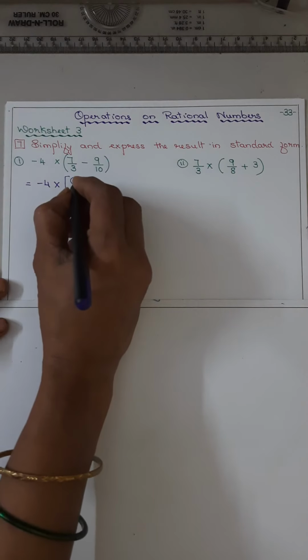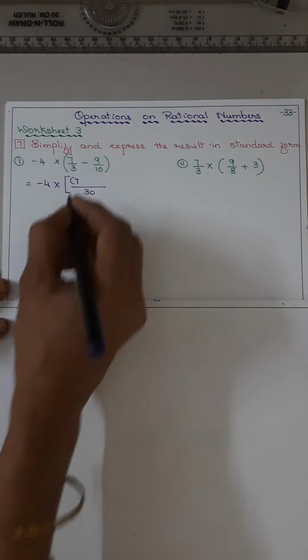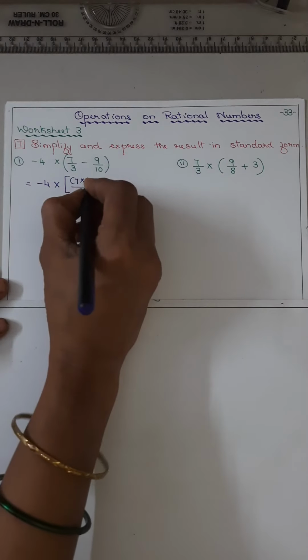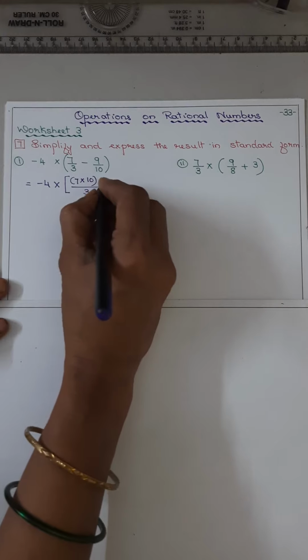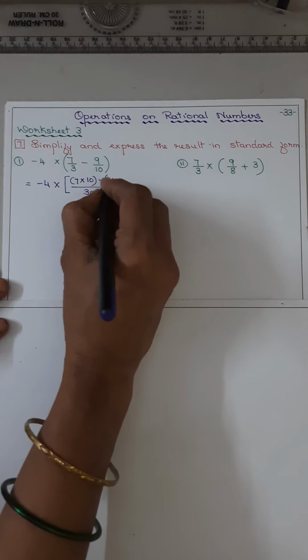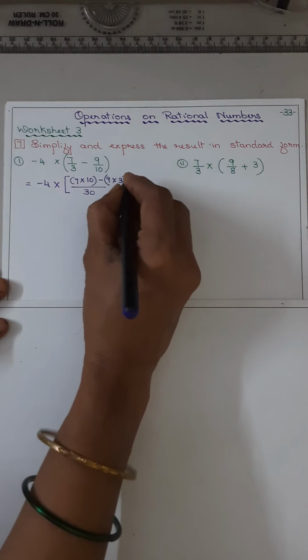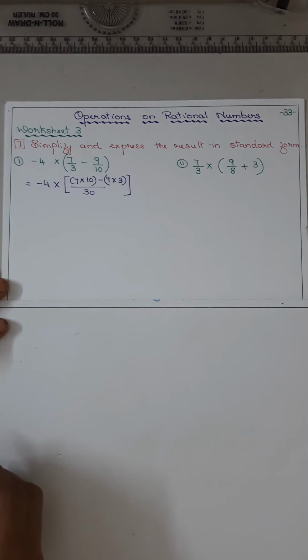So write the numerator 7, multiply by 3; 3 10s are 30. Minus 9 into 10; 10 3s are 30. Bracket close.